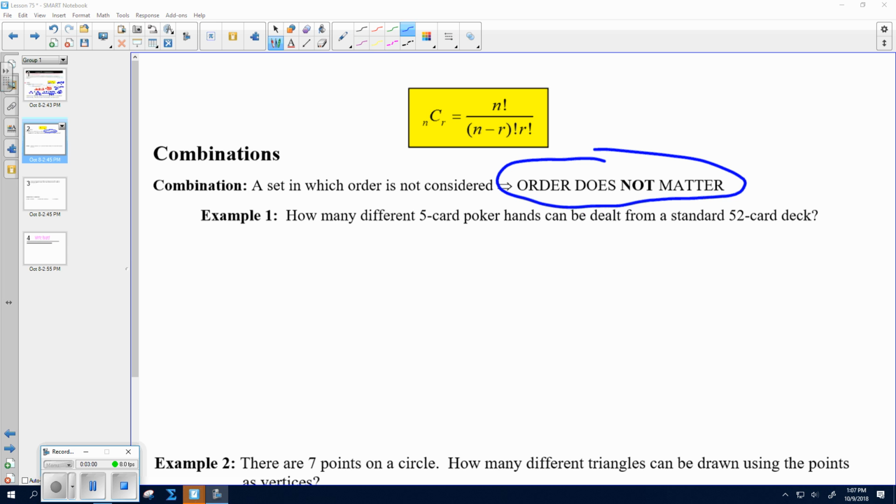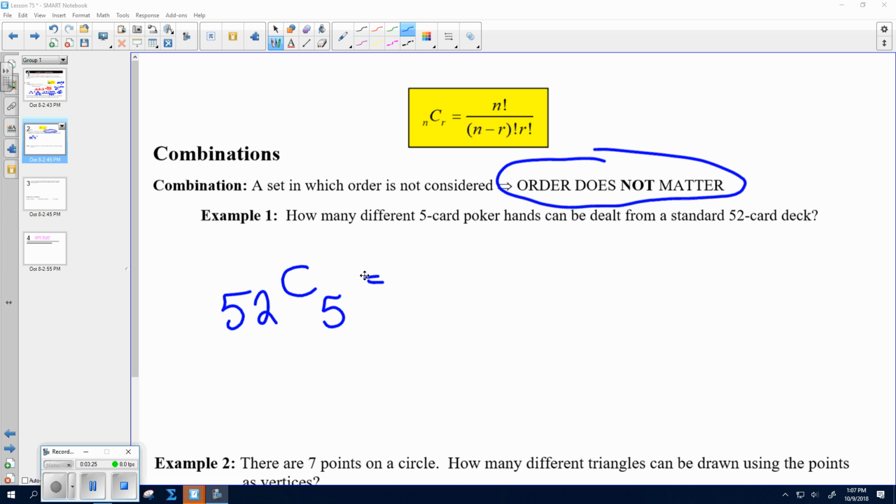So for example, how many different 5-card poker hands can be dealt from a standard 52-card deck? So your poker hand of 5 cards, order doesn't matter, right? You don't have to line them all up. It's just that if you have a flush, you have a flush, or whatever it is, okay? So this would be 52 choose 5.